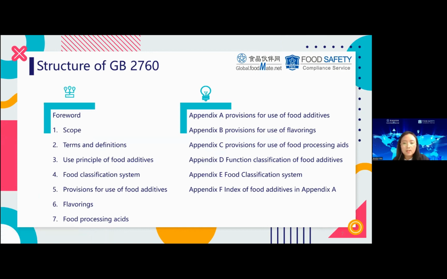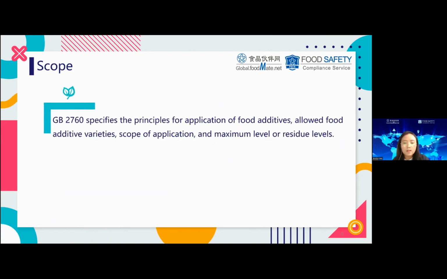The appendix section includes the six different appendices, and the scope of the GB2760 includes the principles for the application of the food additives, the permitted variety of the food additives, the scope of the application, and the max levels or the residue levels.